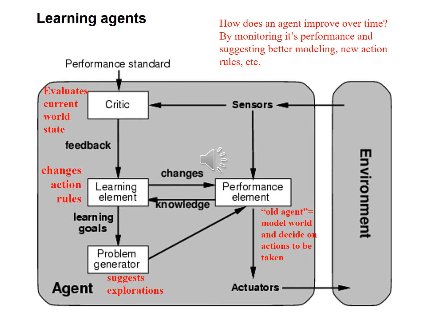So from this experience, the learning element is able to formulate a rule saying that this was a bad action. Then the problem generator will identify certain areas of behavior that must be improved, and it will suggest experiments, and the learning element will make changes to any of the knowledge components shown in the agent diagrams seen here.